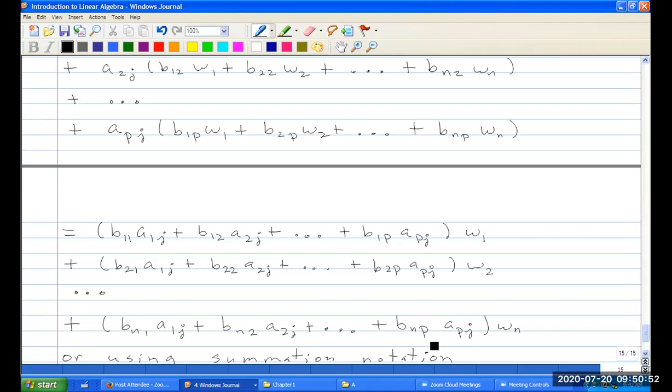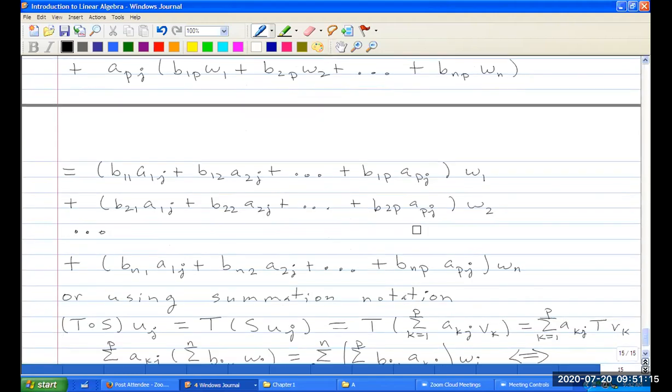Let me redo the same thing, but now let's use summation notation. In summation notation, it's very compact, but it doesn't have the beauty of seeing this sort of thing. But now that we've done this, you can see where each of these steps are.